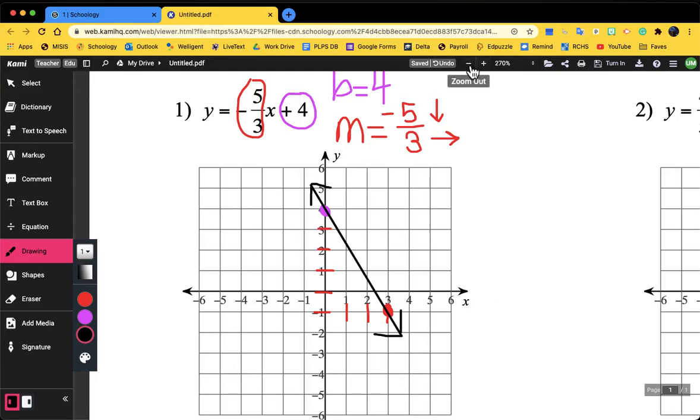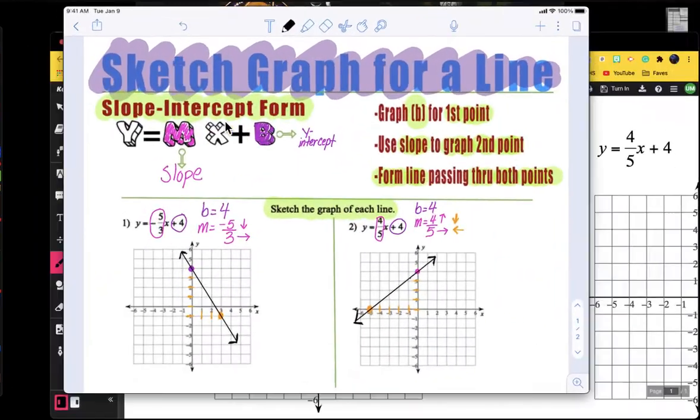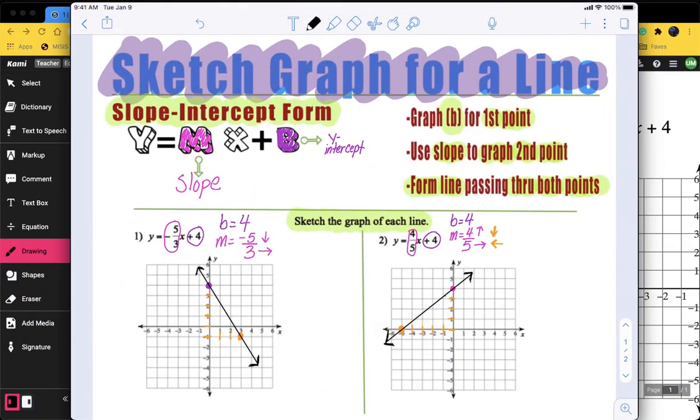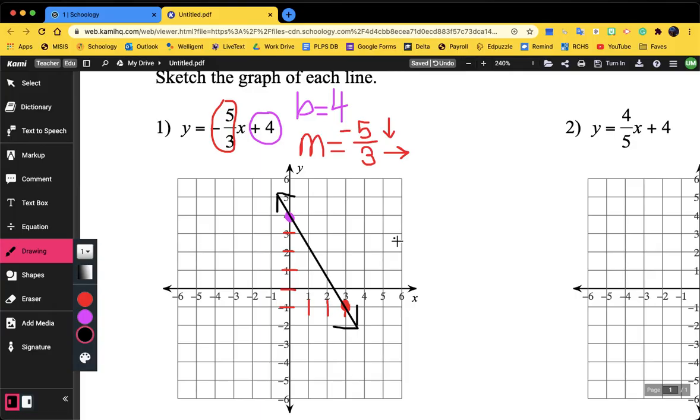I'm going to zoom out a little bit here. And let's compare it to my number 1 here. Look at that. It's the same. Right? Perfect. Done with number 1.